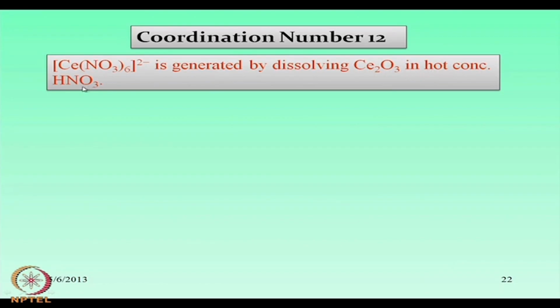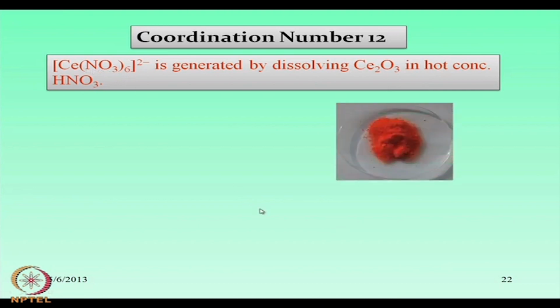In hot concentrated nitric acid it basically generates the anionic form of the corresponding hexanitrato-cerium compound, which can be isolated as its corresponding ammonium salt. So, ammonium ceric nitrate, sometimes also known as ceric ammonium nitrate, and organic chemists label it as CAN, ceric ammonium nitrate.